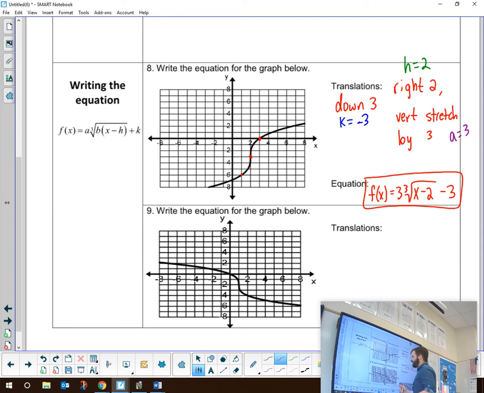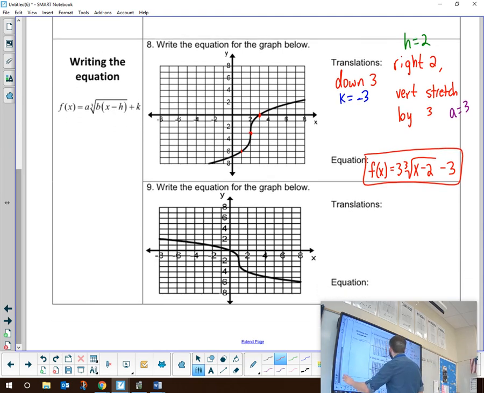All right, our last one here, number 9. Number 9, we have some transformations going on here. My first transformation is that we're going to go to the right 1 and down 2 to end up right there, right? So right 1, down 2.